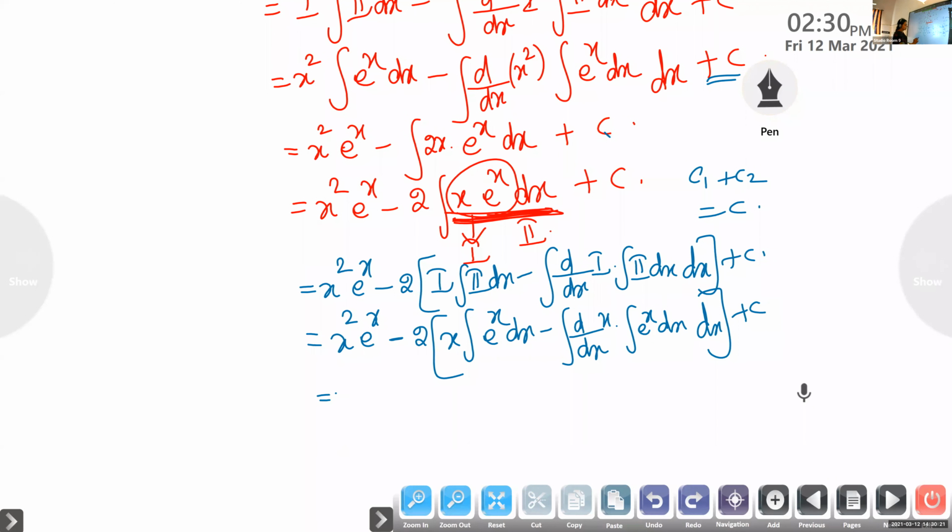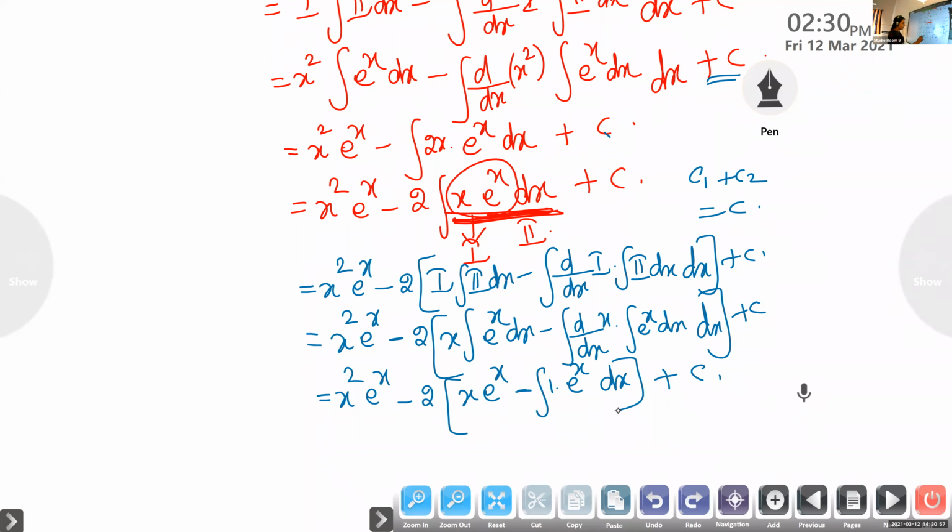So that is x square e raised to x minus 2 into, what is integral of e raised to x? e raised to x. e raised to x minus integral of d by dx of x. Derivative of x is 1. Very good, Aparna.